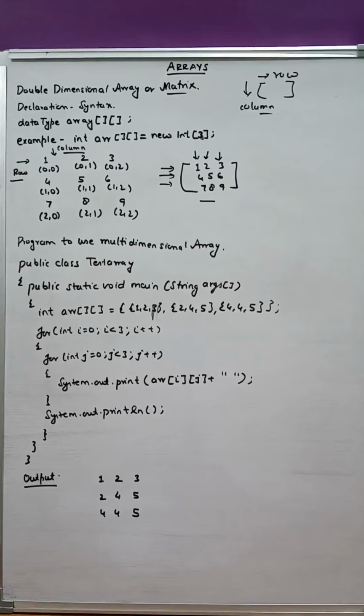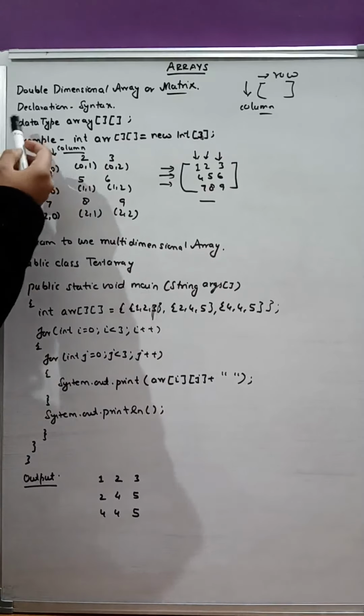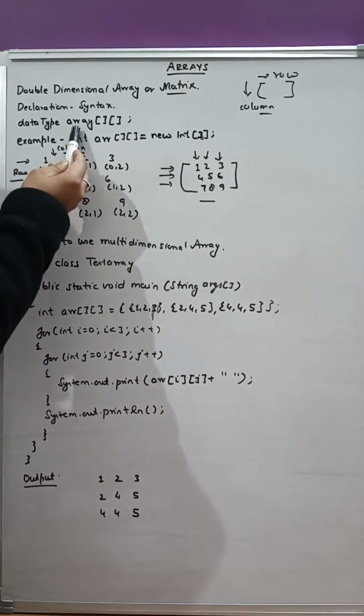And why is it called the matrix form? It is because the arrangement of the elements in the array is done on the basis of rows and columns, and according to rows and columns, the position is fixed. Before that, the basic syntax for writing the double dimensional array is that first you write the data type followed by the array name.